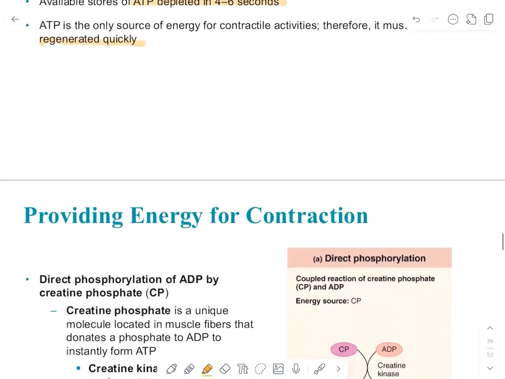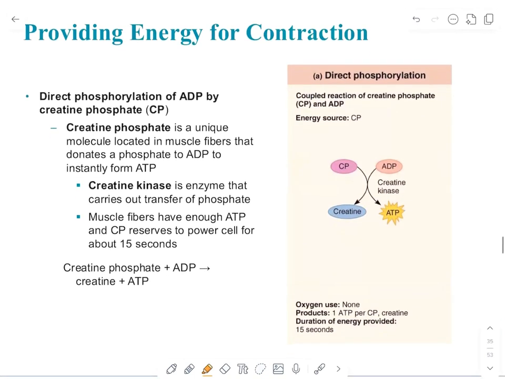And there's really three ways that this is done. The first immediate way is through what's called direct phosphorylation by creatine phosphate. The word phosphorylation really just means adding a phosphate here. So we're going from ADP back to ATP that then can be used to be broken down by the myosin.